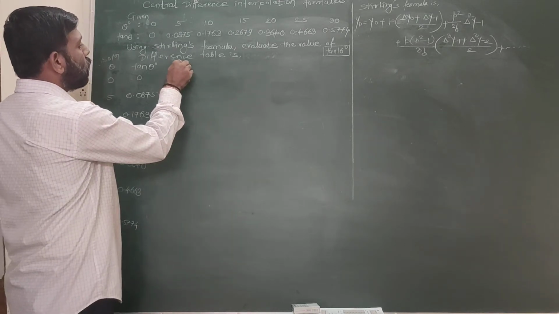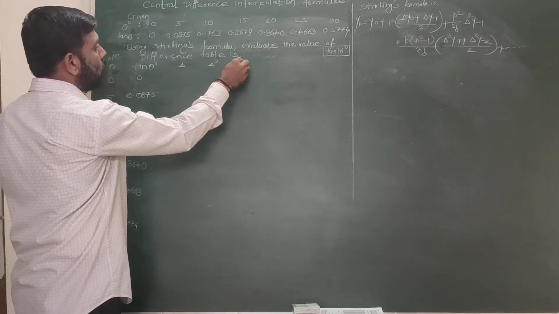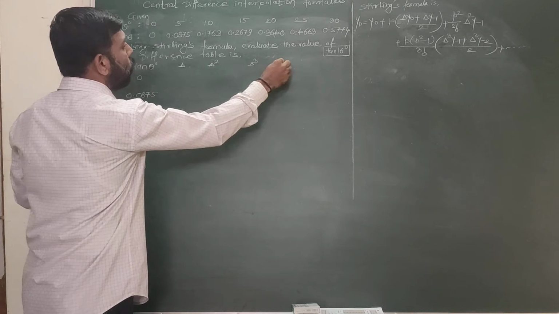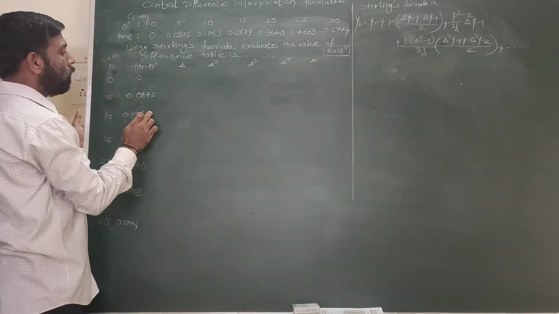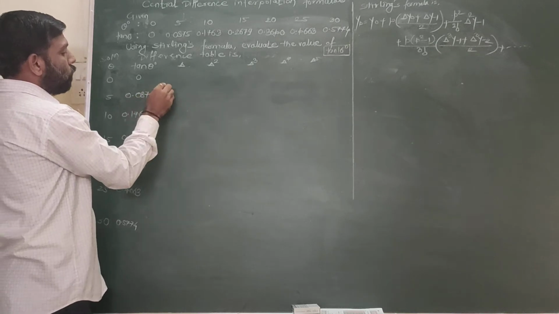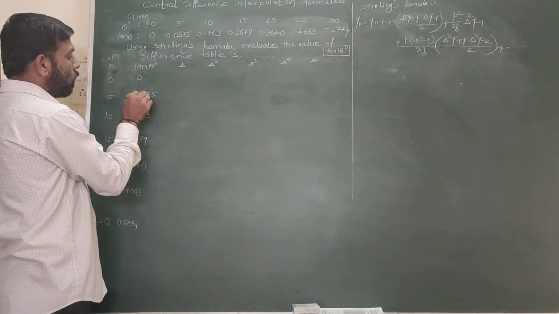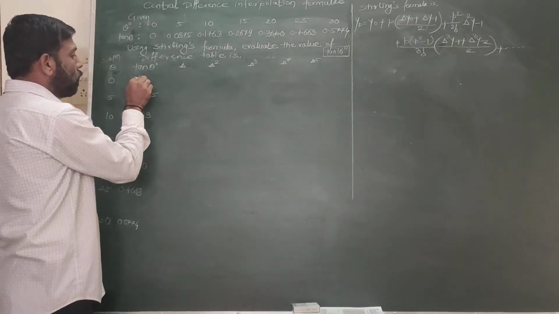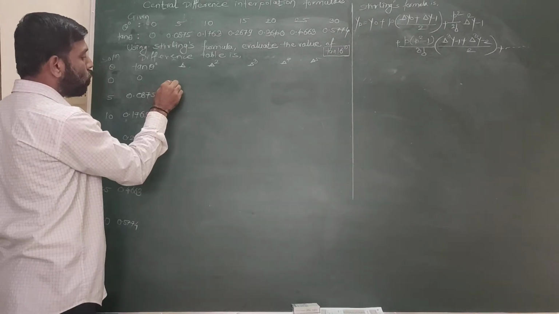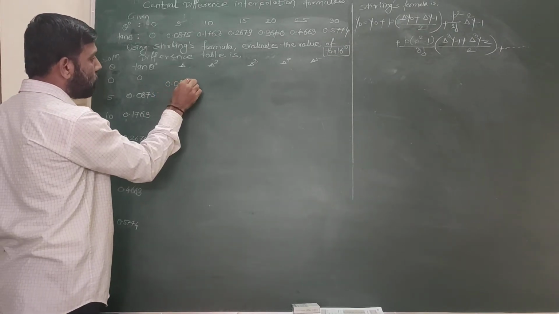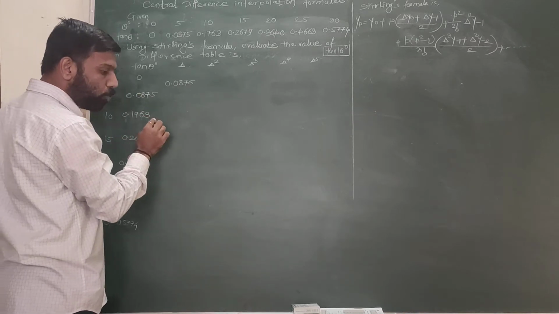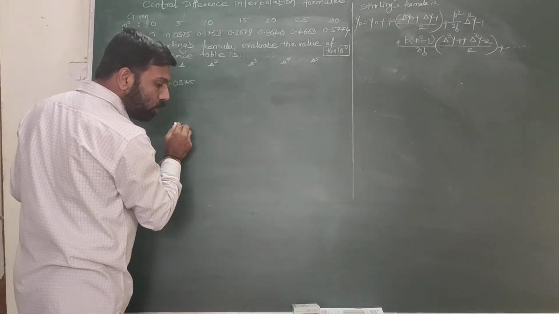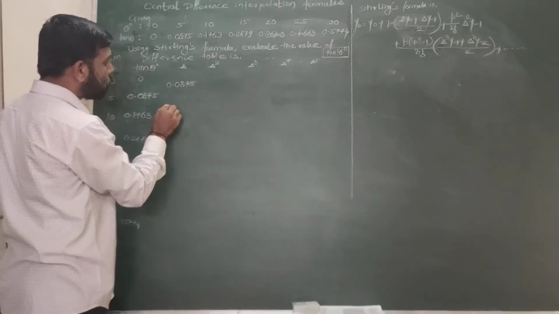Now first delta, delta square, delta cube, delta raised to 4, 5 and so on. First value: the next value minus the previous value, so the output is 0.0875. Next number minus previous number, so the output of this is 0.0888.